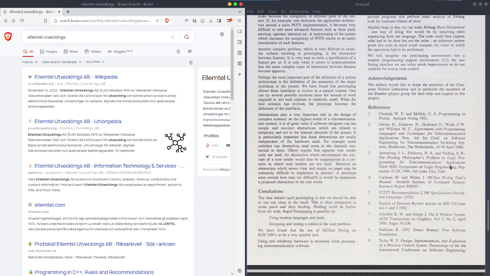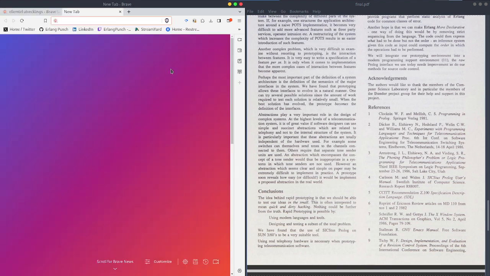This one, okay, so I will just take a look at it and I will probably read it the next time. The following: philosophers problem or logic programming for telecommunication application.